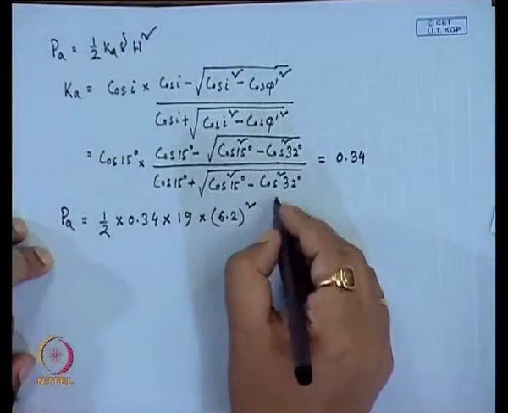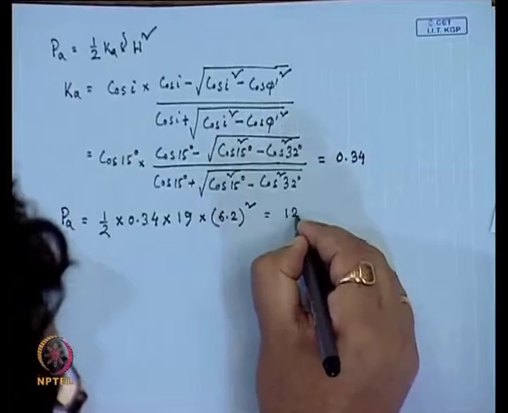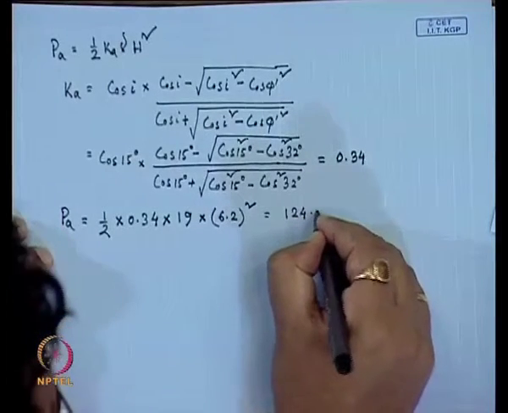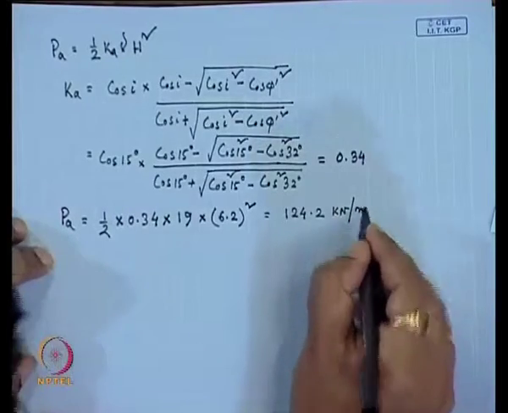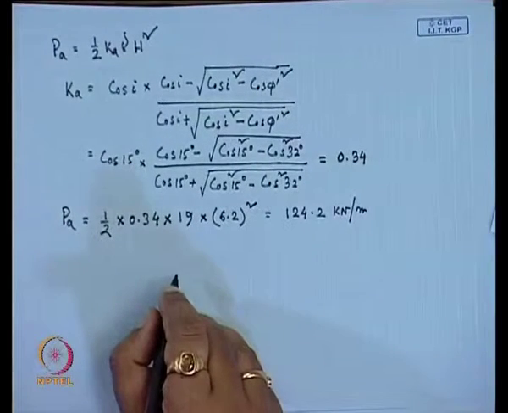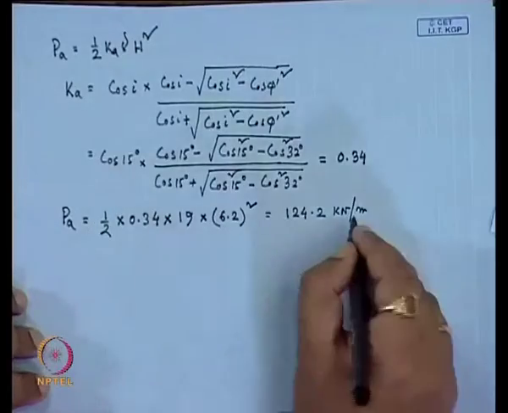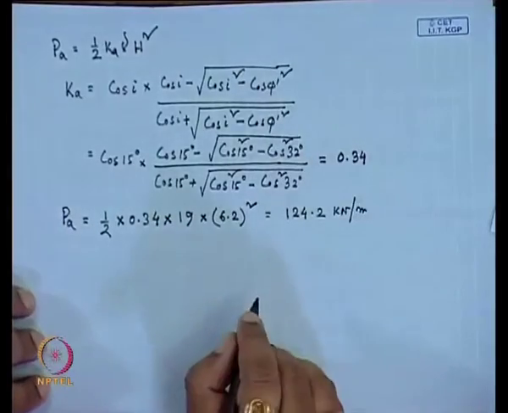This value is coming 124.2 kilonewton per meter, as we are calculating per meter distance.